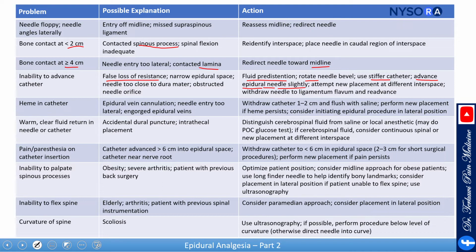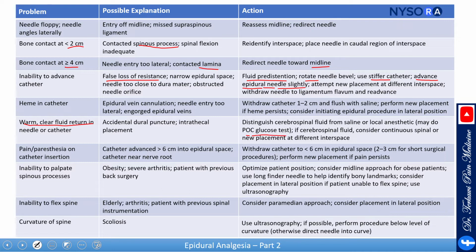You get warm, clear fluid return in the needle. Oops, that's probably an accidental dural puncture, or intrathecal placement. So try to distinguish cerebrospinal fluid from saline or local anesthetic. You might want to do a point of care glucose test.